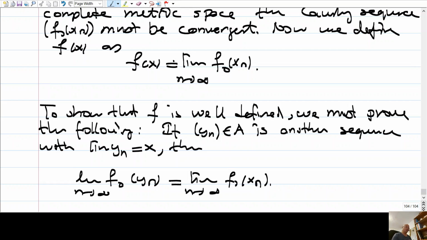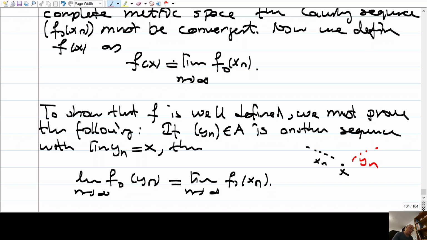So this will show that it doesn't matter which sequence you choose converging to x, either xn's or yn's. This limit will always be the same. Therefore, this definition is acceptable. It doesn't depend on the sequence you choose to define this function.